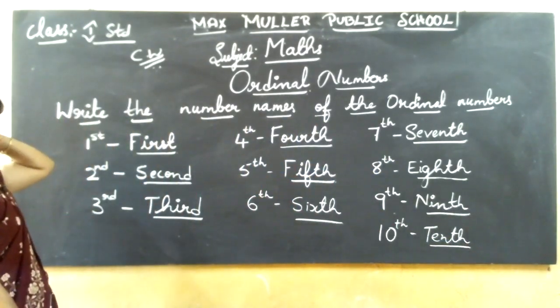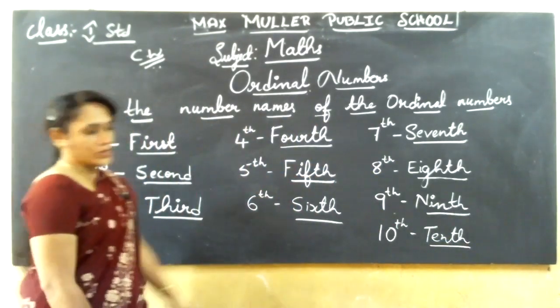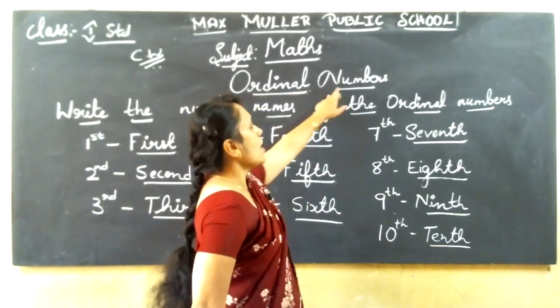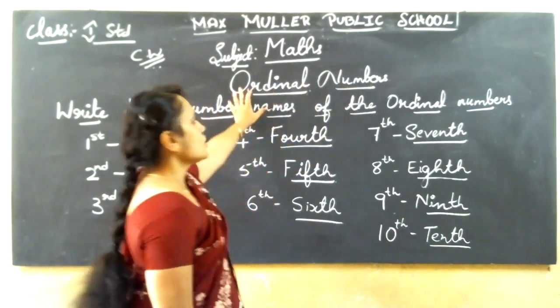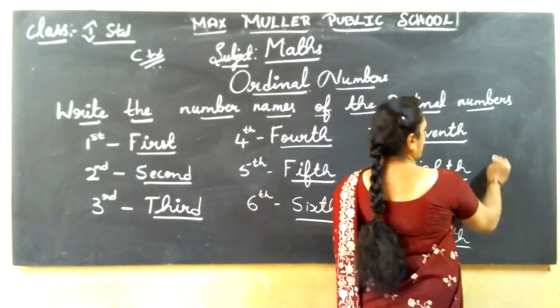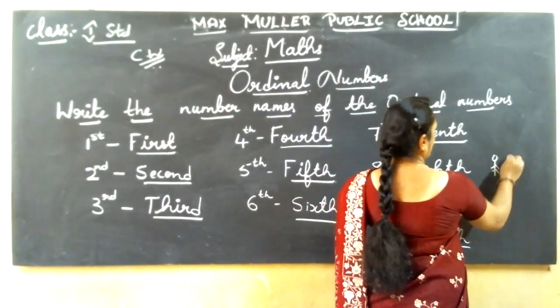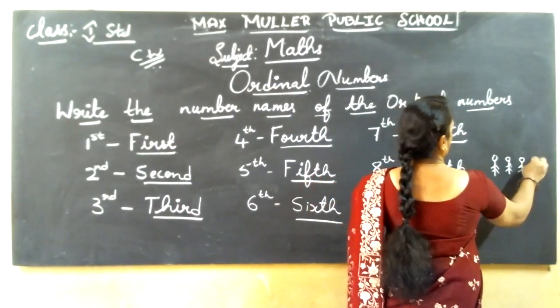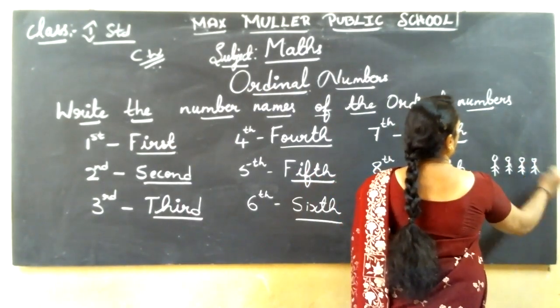So I'll explain once again. See. First, take out classwork and write the ordinal numbers heading. O-R-D-I-N-A-L, ordinal. N-U-M-B-E-R-S, numbers. So ordinal numbers means what I have told you, isn't it? For example, you and your friends will stand in a line.